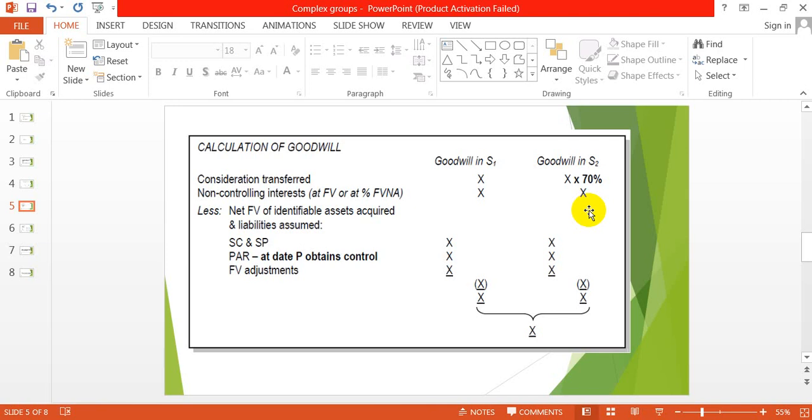The 30% belongs to the NCI and will be dealt with in the NCI calculation. Once the two goodwills have been calculated, they are summed up to get one total, which will go into the balance sheet under the non-current assets.